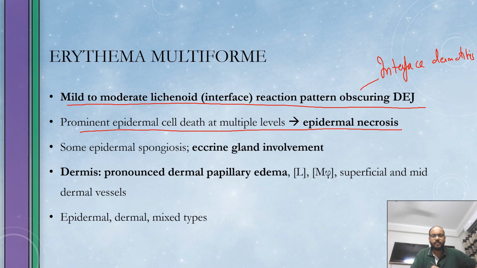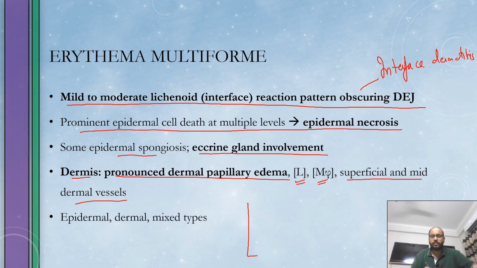There is some epidermal spongiosis and there is eccrine gland involvement. Okay, the dermis has pronounced dermal papillary edema. That means significant dermal papillary edema. The infiltrate is composed mainly of lymphocytes and macrophages and is also around the superficial and mid-dermal vessels.